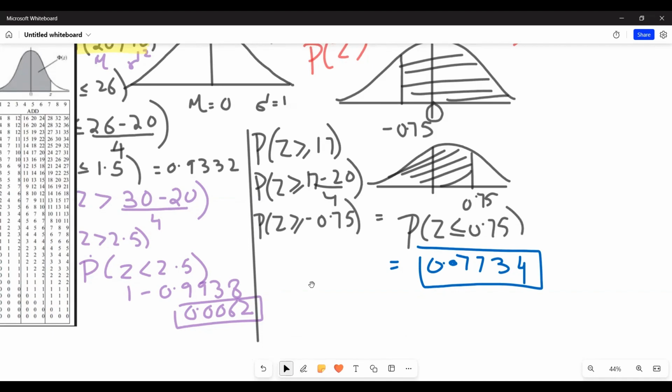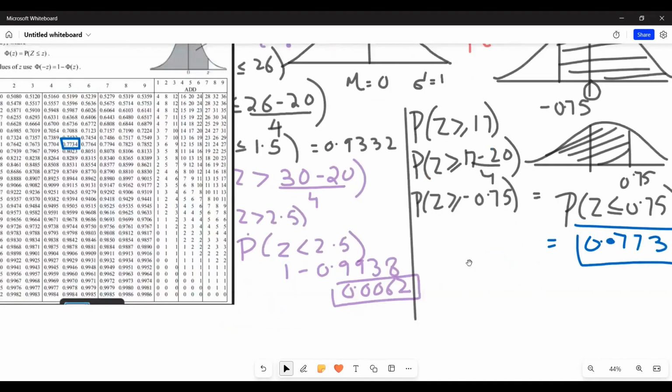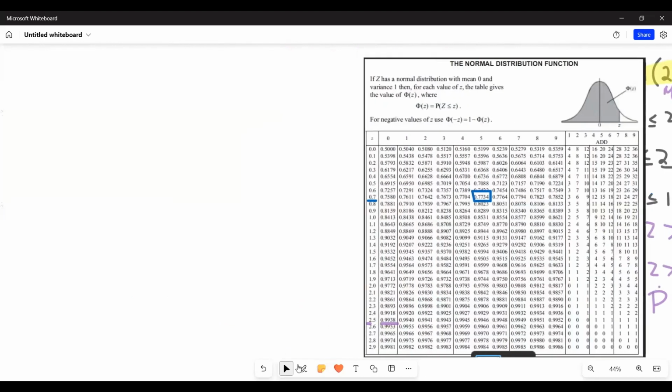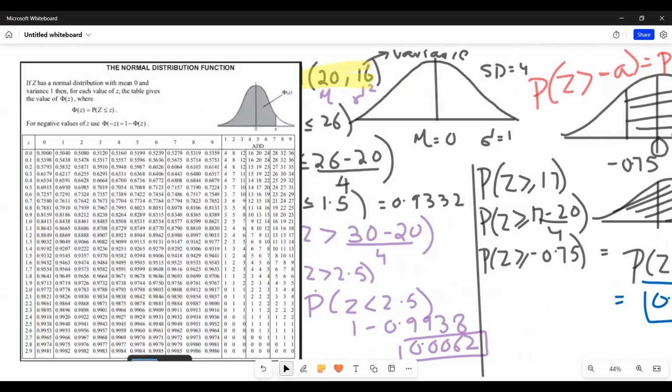Next is probability X is less than 30. Let me just quickly check, did I write Z in all these cases?